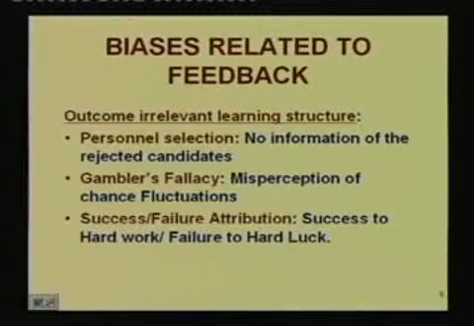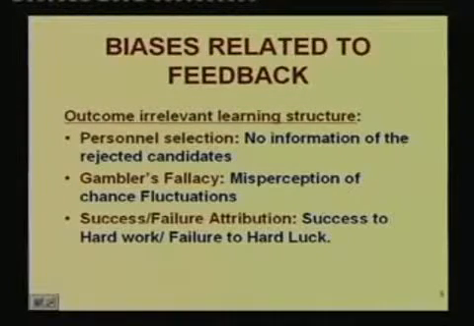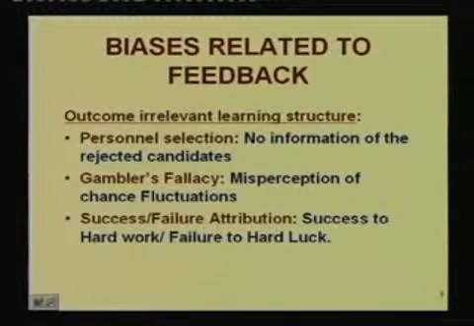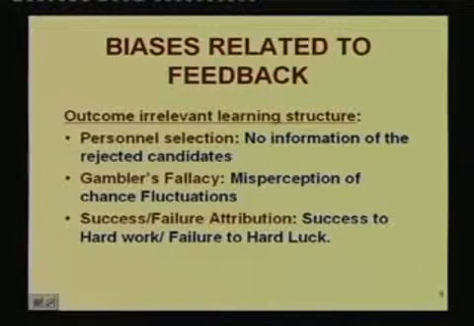Then gambler's fallacy, misperception of chance fluctuations. Sometimes all of us do not see the effect of chance fluctuations, and we misperceive them, right? So if we get something like 3 heads in a row, we expect the 4th one to be a tail, because anyway head or tail has a 50% probability.